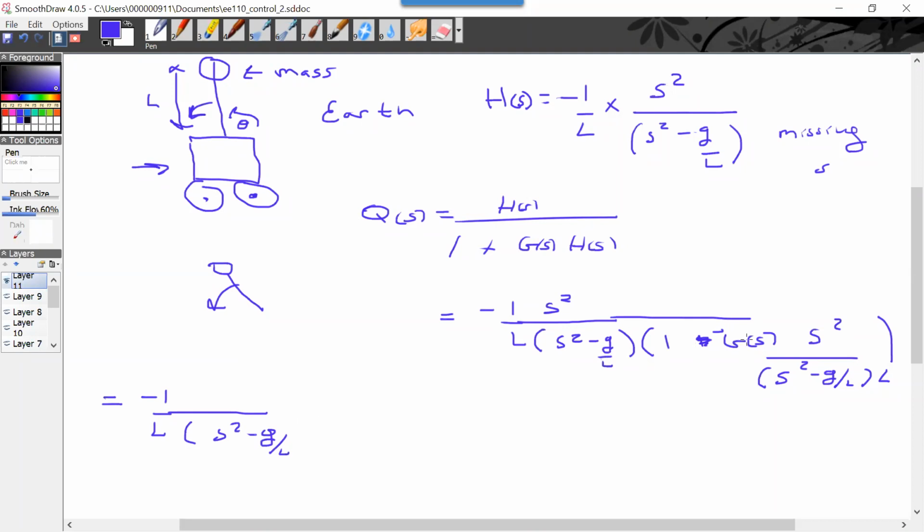Then I'm going to multiply it again. So I'm going to have my minus GS, because the original H of S was negative, right? I'm going to have my S squared. This term and this term are going to cancel. And I'm going to have length. All right.